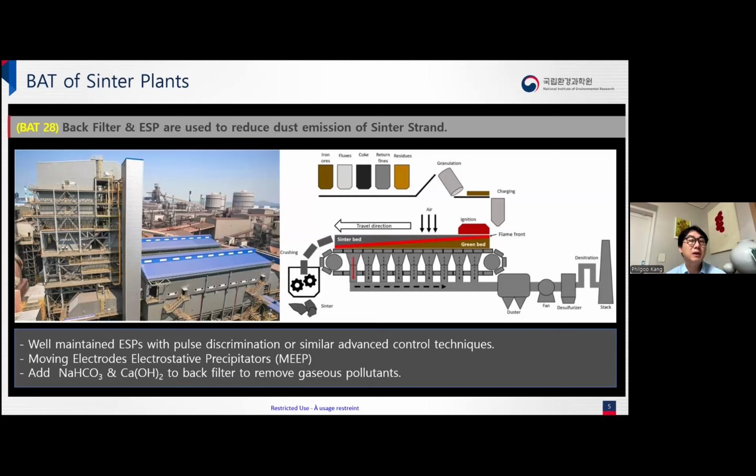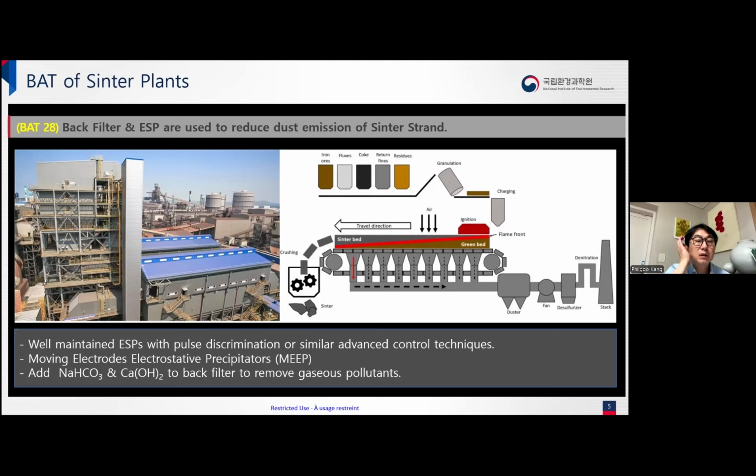This is an example of our BAT from the sinter plant. This BAT manages the exhaust gas of the sinter strand by a bag filter and an ESP, and adds NaHCO3 to the bag filter to remove gaseous pollutants. I think this BAT is very similar to the EU's.